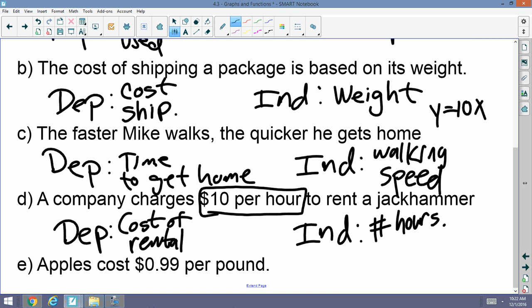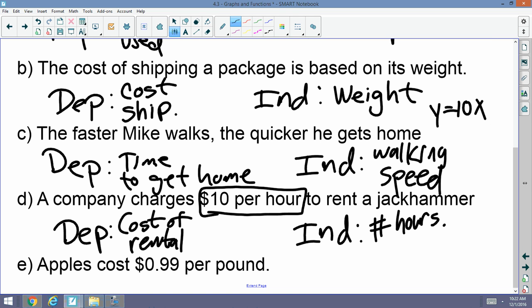The independent here is the number of hours, because I can choose to rent it for 0, 1, 7, 9, 6, or 3 hours. But my cost depends on that. The more hours I rent, the more expensive it will be. That's why the cost is dependent, and the independent is the hours.